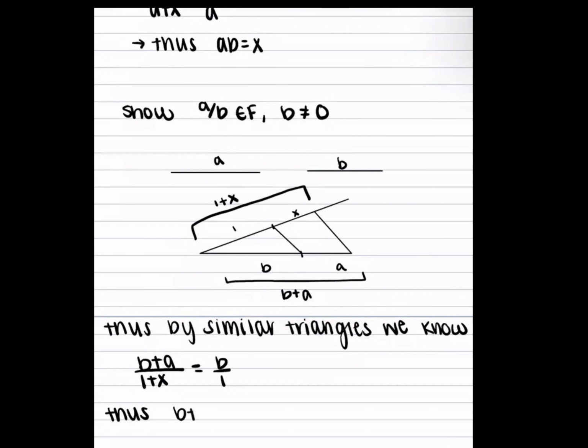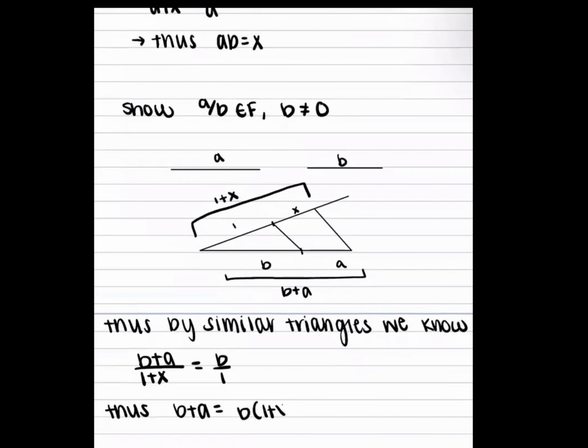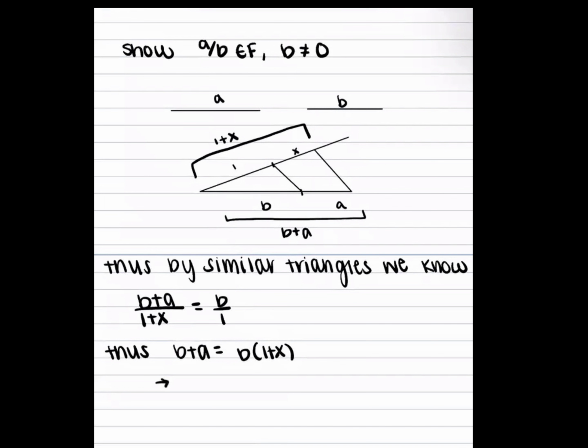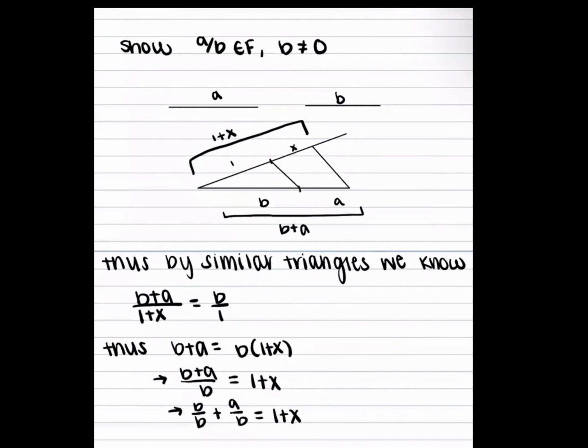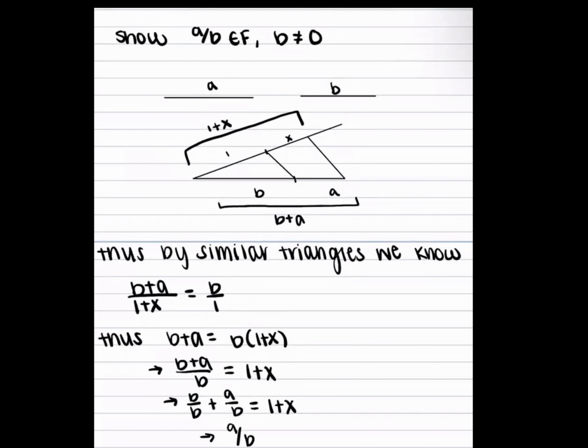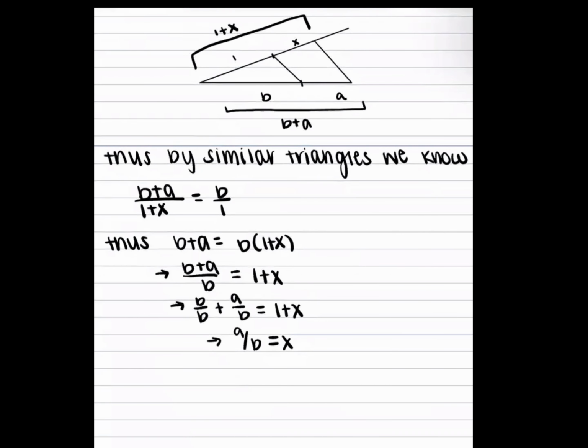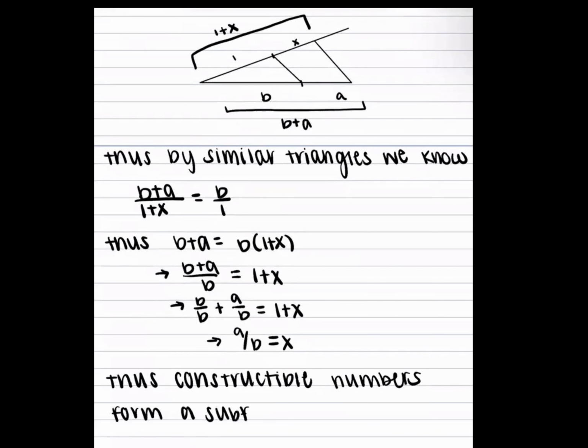And therefore, B plus A is equal to B times 1 plus x, and thus B plus A divided by B is equal to 1 plus x, and therefore B over B plus A over B is equal to 1 plus x, and thus subtracting the 1 from each side, we get A divided by B is equal to x, and thus A divided by B is constructible, and thus the constructible numbers form a subfield of the reals.